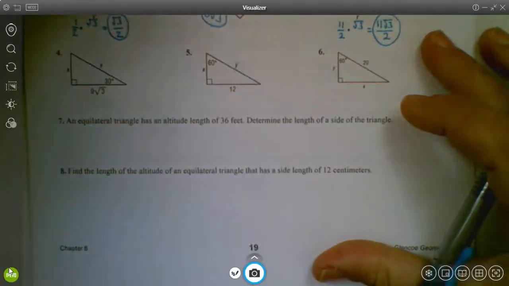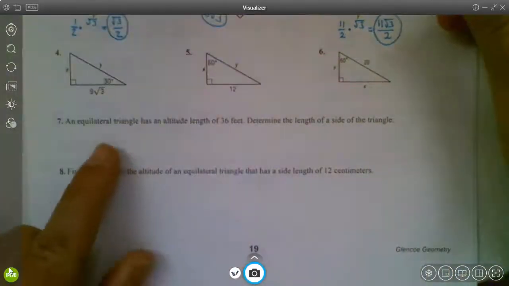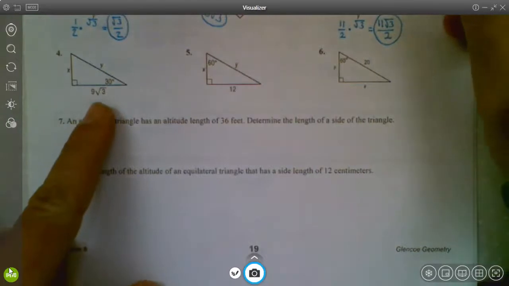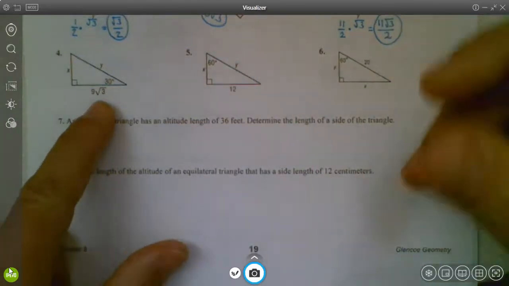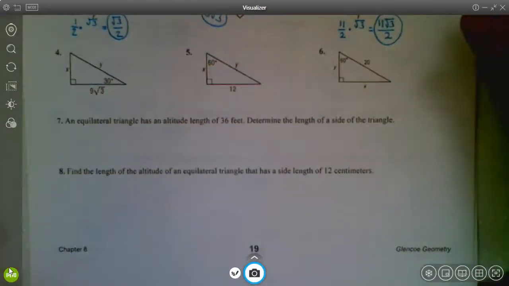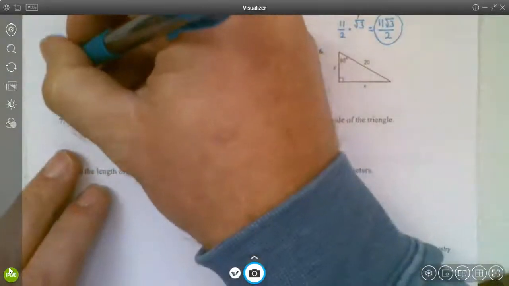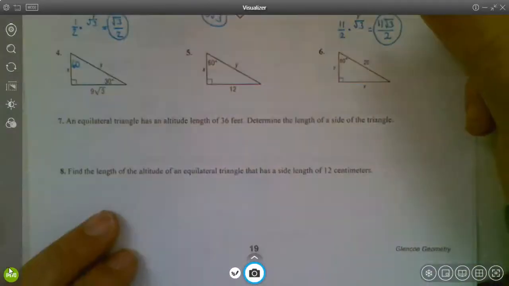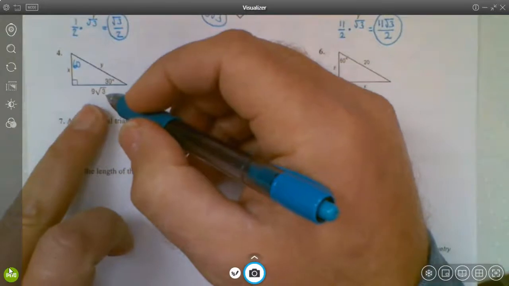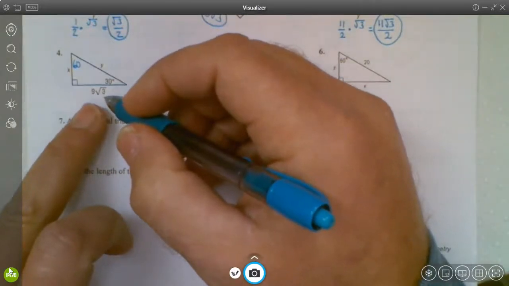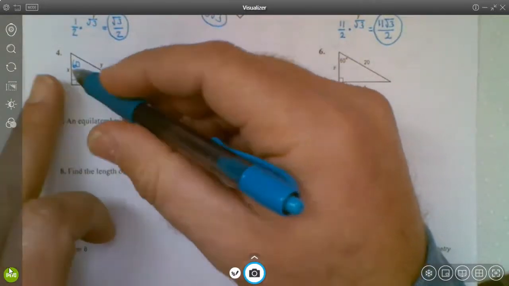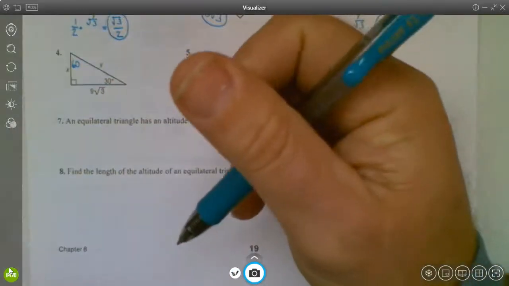The hardest ones are the ones where they start you with the long leg. Typically those are the hardest because now I have to divide by a radical, right? So here is our 30, 60, 90. So if I were to take my long leg, remember the pattern to go from long to short is to divide by the square root of 3.